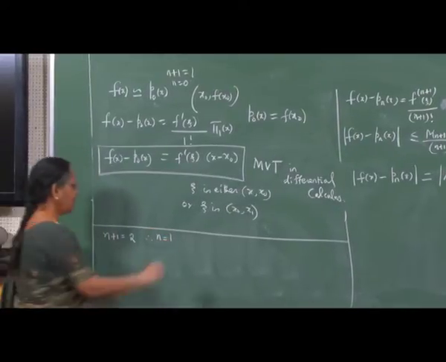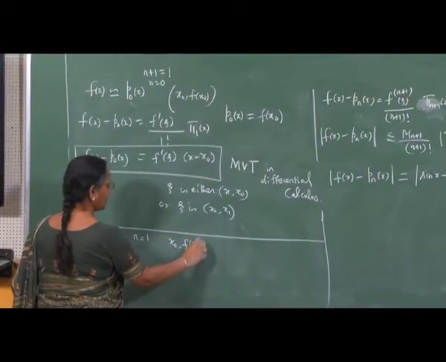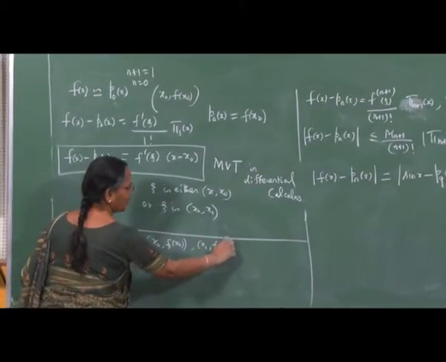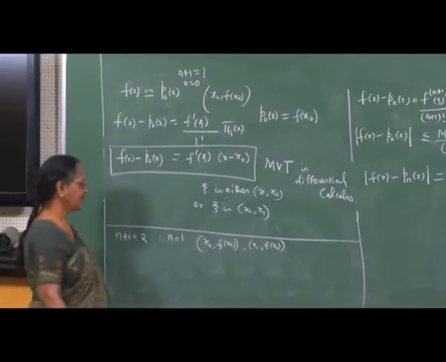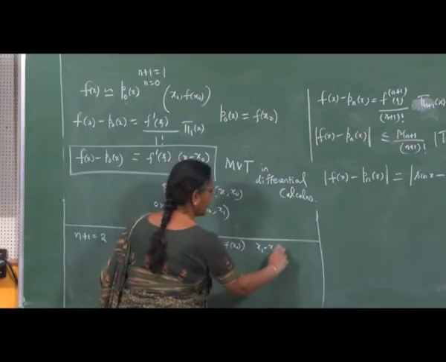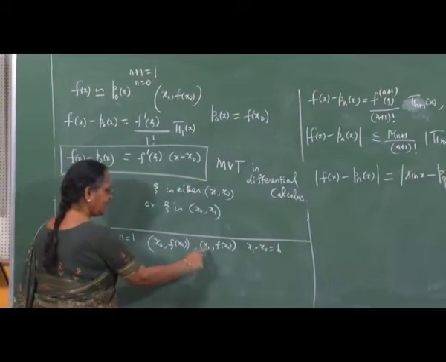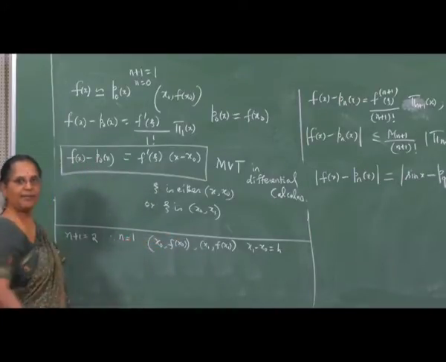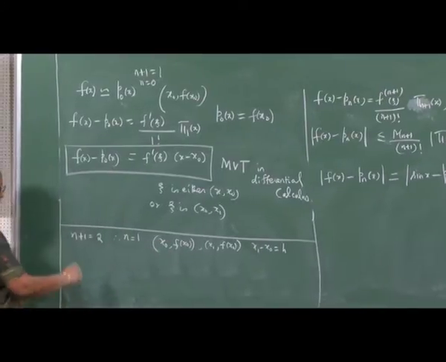We are given information at x naught, f of x naught and x 1, f of x 1. So, there are 2 points at which the information is given, and let x 1 minus x naught be h, and hence I can obtain a linear interpolating polynomial that interpolates the function f of x.